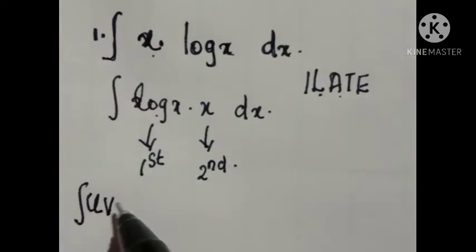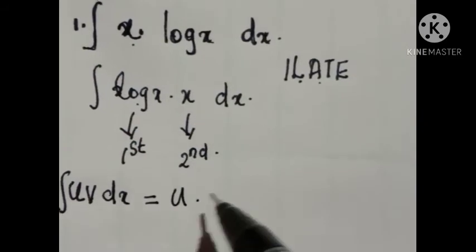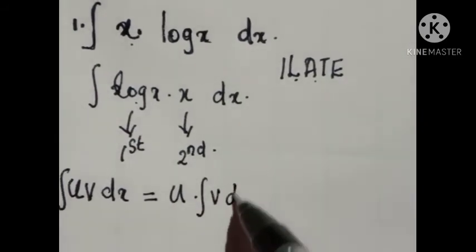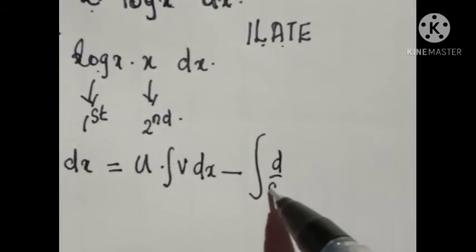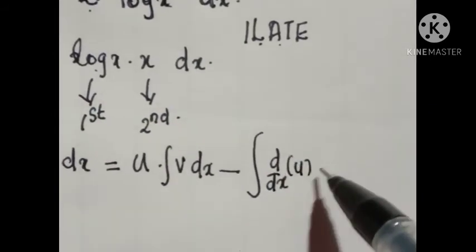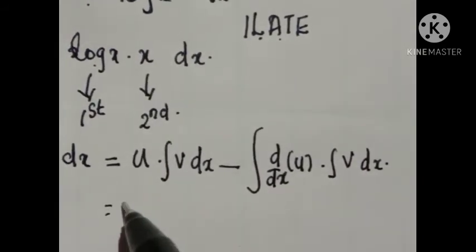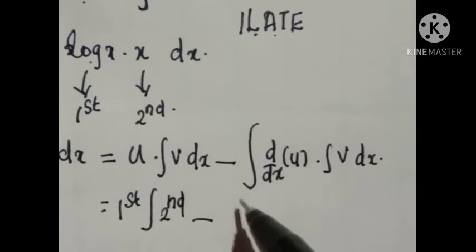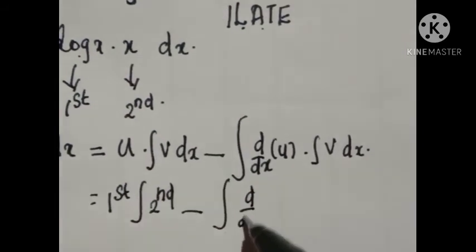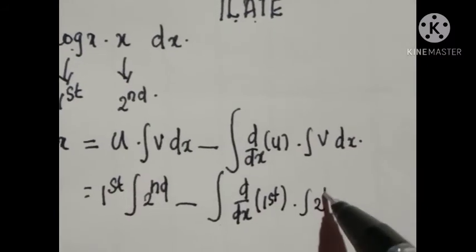Then we can integrate this product uv with respect to dx as first into integral of second minus integral of derivative of first into integral of second, isn't it? First into integral of second minus integral of derivative of first into integral of second.